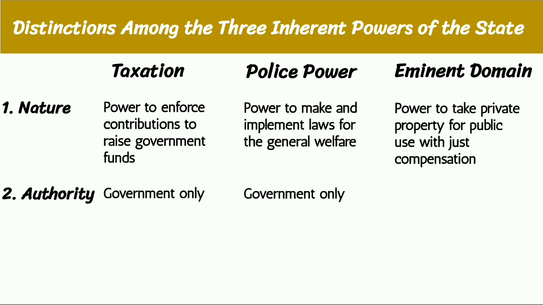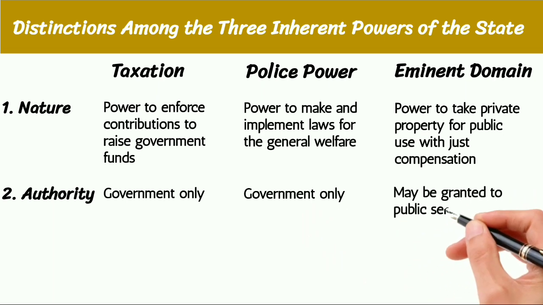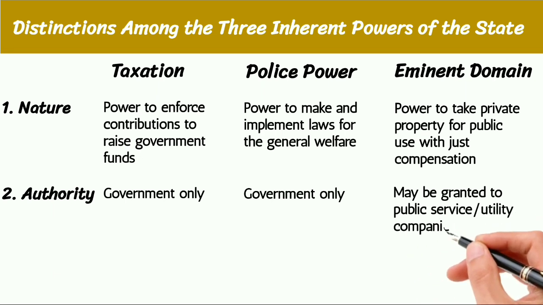However, sa power of eminent domain, it may be granted to public service or utility companies. For example, yung mga companies na nagpro-provide ng tubig, meron silang kapangyarihan na magbungkal ng lupa. Kasi nga, kailangan yon para sa mga tubo ng tubig.